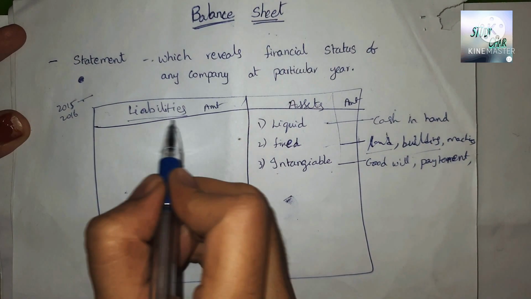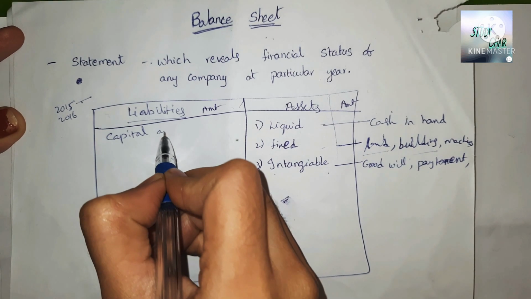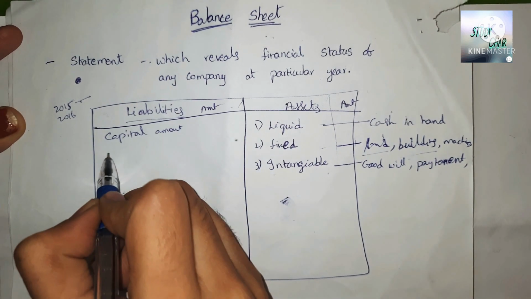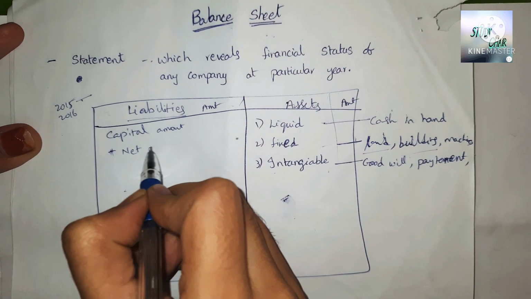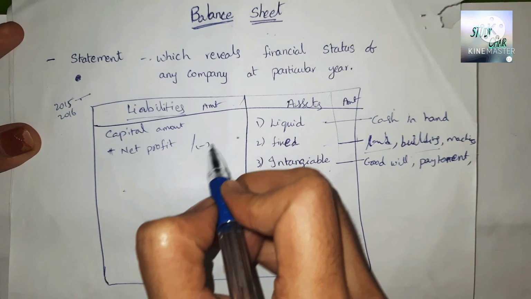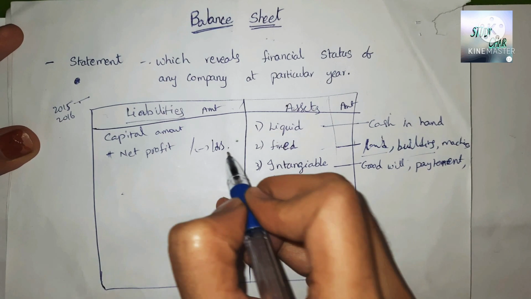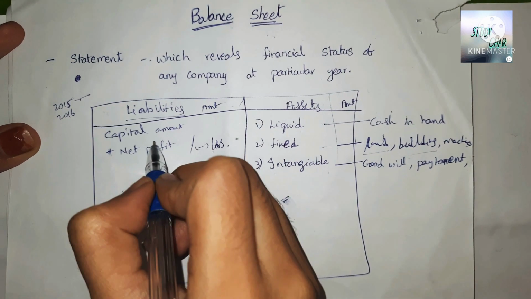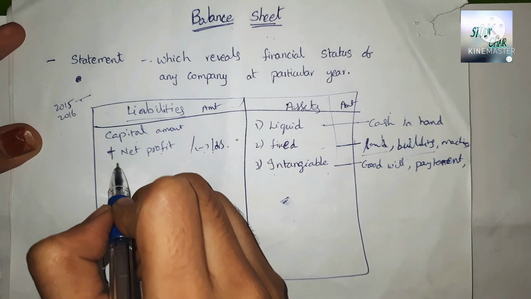Next, liabilities. Under liabilities we will mention the capital amount, and also net profit and net loss. That means in the previous year we may have got a loss or a profit. Sometimes we get profit, sometimes we get loss. So the loss amount we will subtract, and the net profit amount we will add.